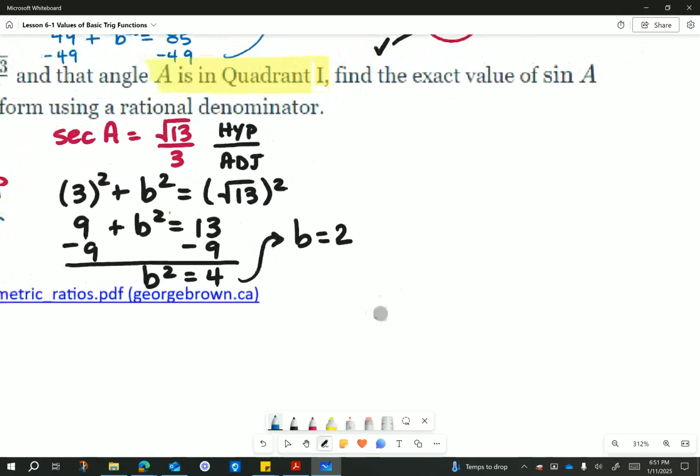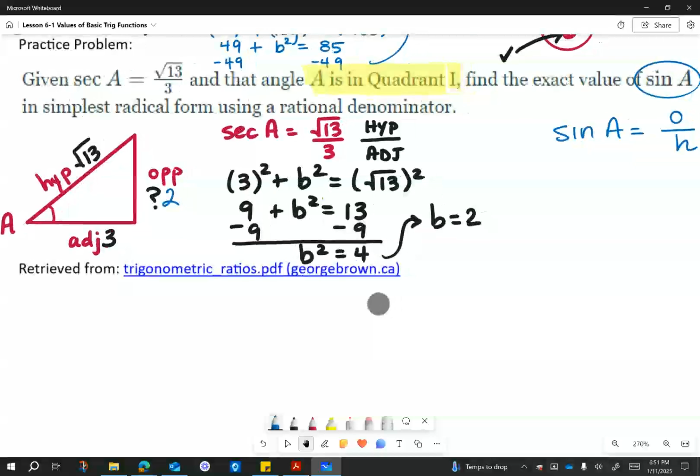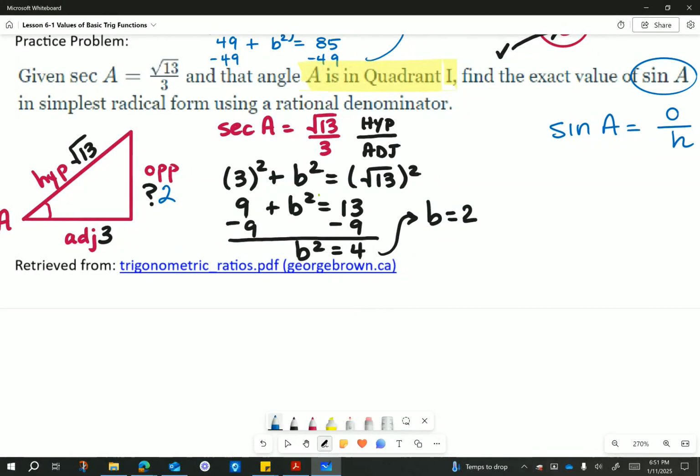They want us to find the sine of A. The sine of A is the opposite over the hypotenuse. Well, what number is the length of the opposite? The sine A is going to equal 2. What is the length of the hypotenuse? A square root of 13.